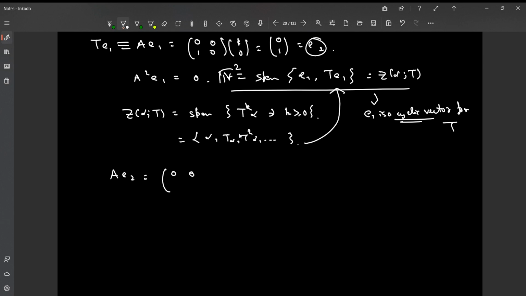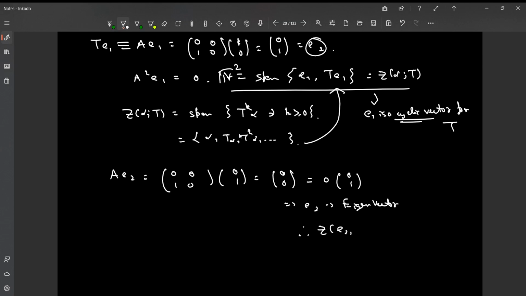The reason is, what is T of E2? It's the matrix 0 0 1 0 times (0, 1), which comes out to be the zero column matrix. So it's 0 times (0, 1). So E2 comes out to be an eigenvector. Therefore, Z(E2, T) is a one-dimensional space generated by E2.